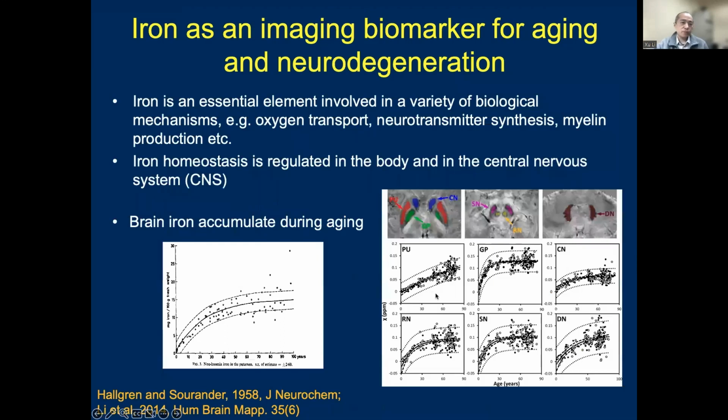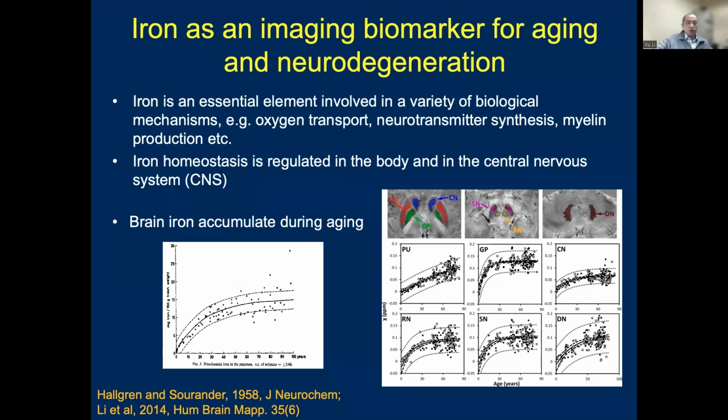Of course, we want to ask why we care about the iron. Iron itself is a very important element that is involved in a variety of biological mechanisms, including oxygen transport, neurotransmitter synthesis and myelin production. The iron homeostasis is usually highly regulated in the body and also in our central nervous system to avoid its toxic effect.